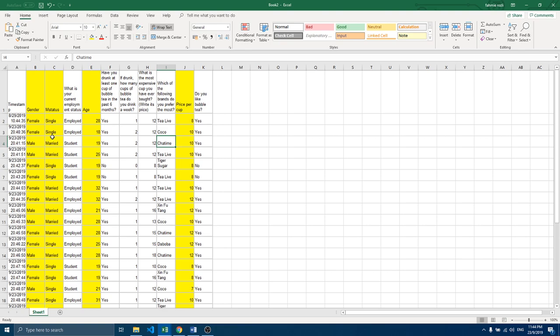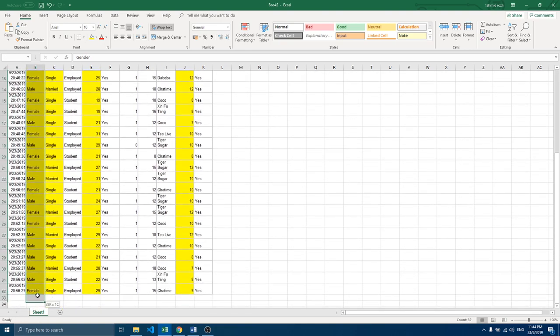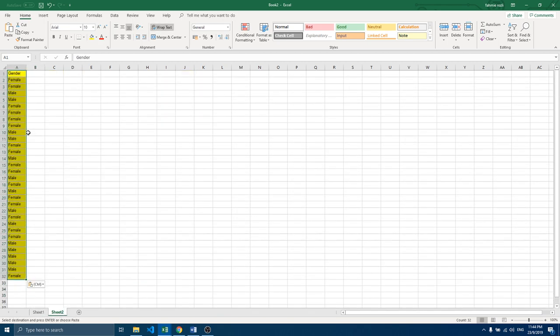Okay, so let's say I'm taking this gender, highlight all, just Control C, copy, new sheet, and then you see. Alright, so this is my data for gender, and then draw any graph from this data.